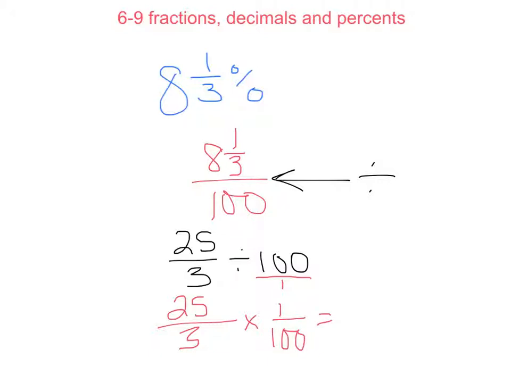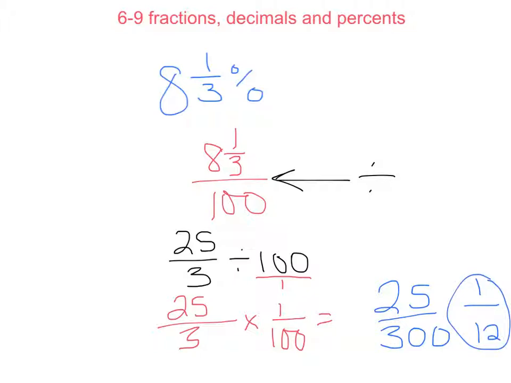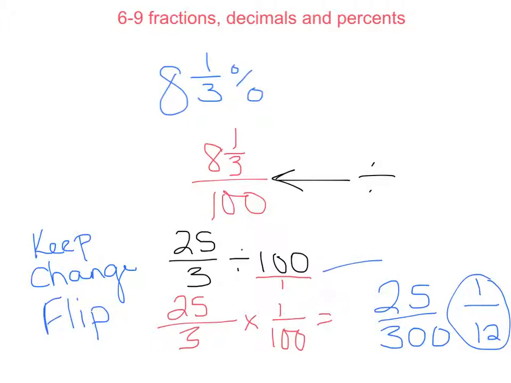Then when you multiply straight across, you get 25 over 300, or the simplified version is 1/12. So this here is keep, change, flip, and always remember that any number over 1 is a fraction.